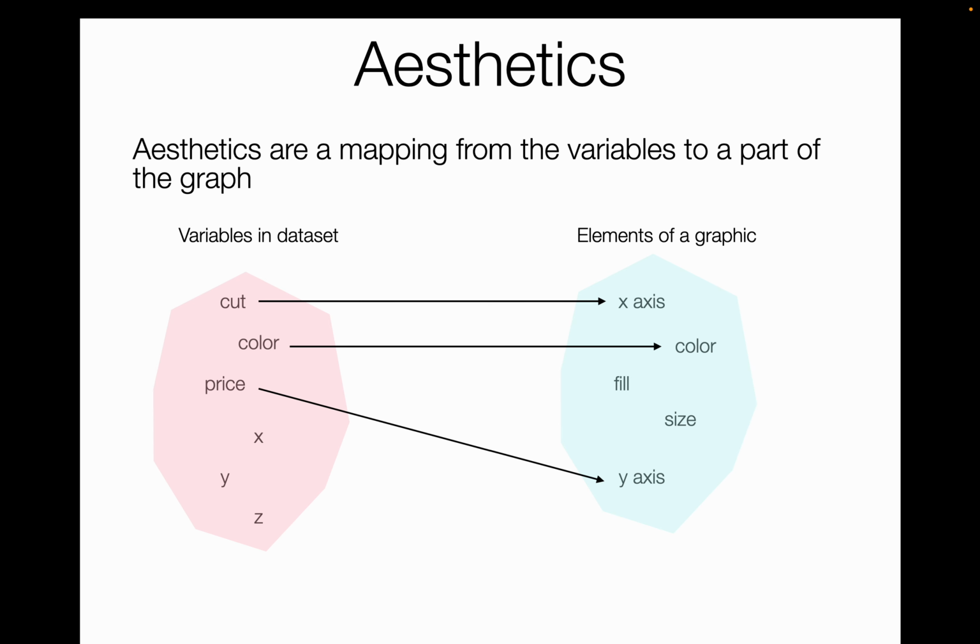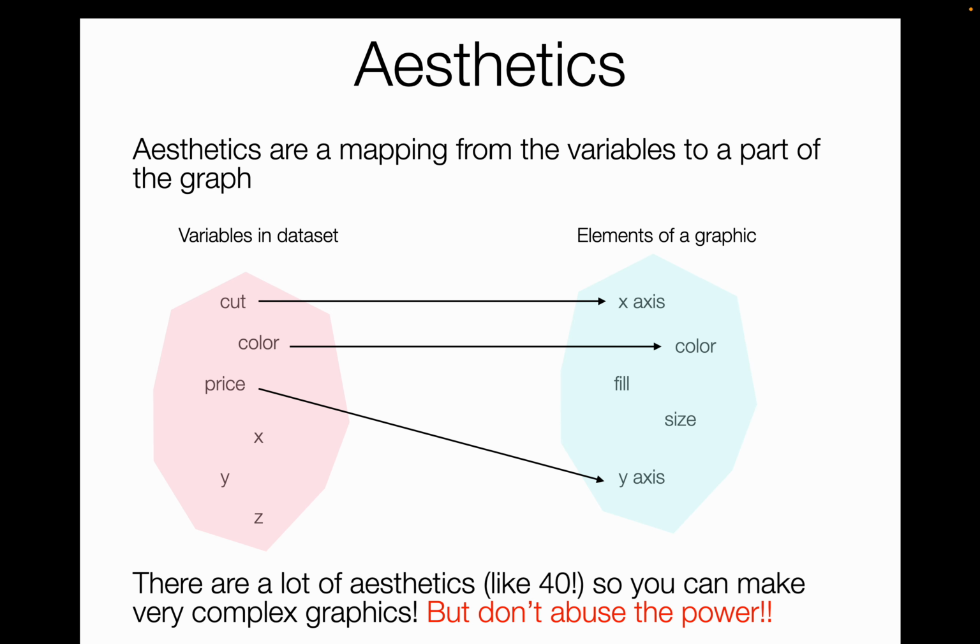Now that's scary. This is probably a little bit helpful. If you want something in your data set to be part of that graph, it's going to go through an aesthetic: x-axis, y-axis, color, fill, size, and so forth. There are lots of aesthetics, roughly 40.